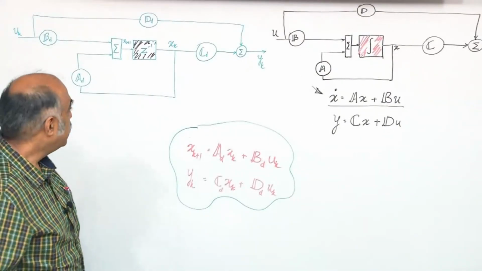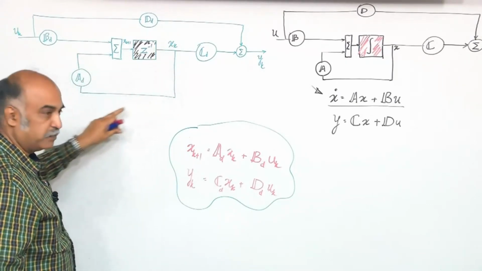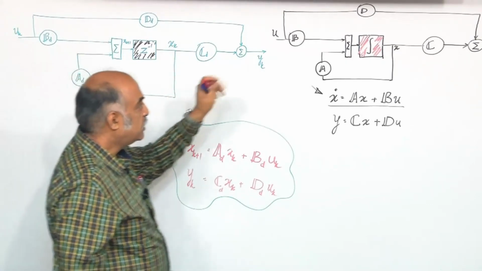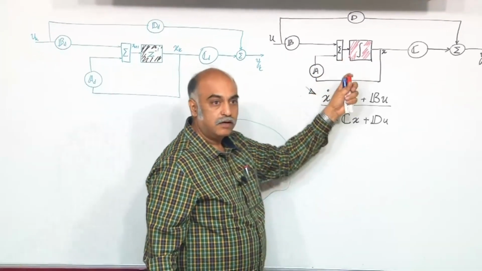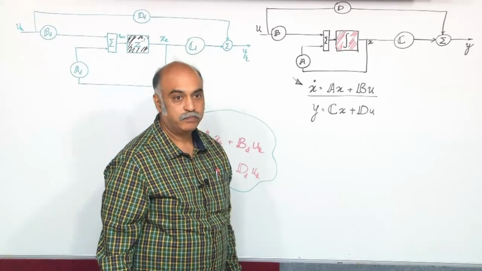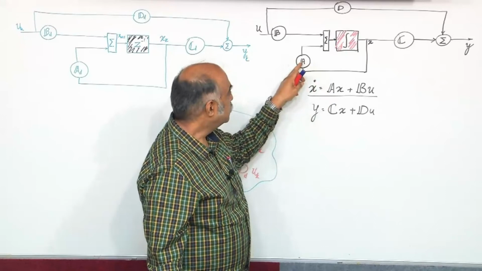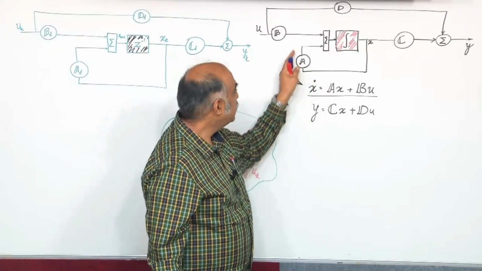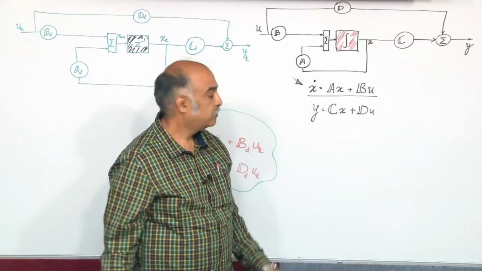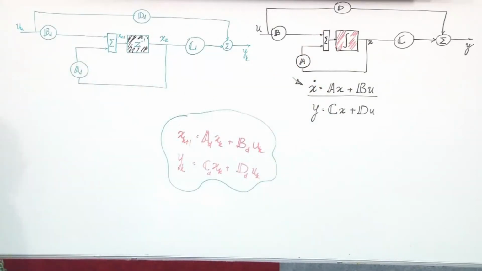But this is a filter where you also have a feedback. You see this portion is a filter. If you take first order in the s domain, a by s plus a, it is like this, isn't it? So, this is a, minus a comes in like that. So, there is a local feedback from the output to the input.